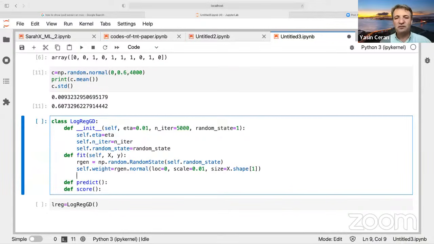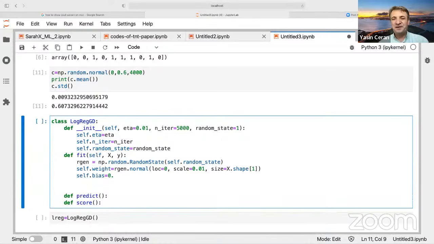Next, after weight, I'm going to assign an initial value to my bias term or intercept. Let's assign this to 0. Bias term, you can assign an initial value of 0. For weight, no. Now I'm going to update my W's iteratively.